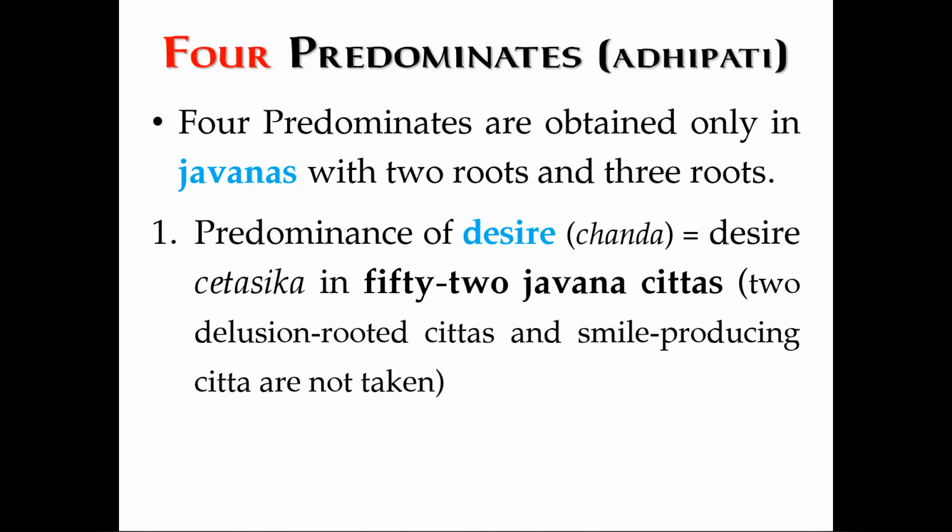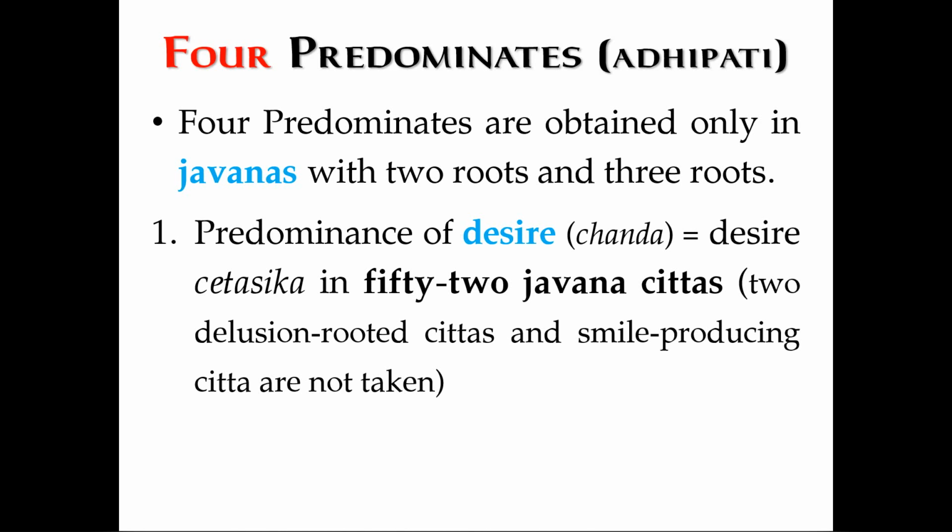And the smile-producing cheta is no-root. So they are very weak. For that reason, under the predominance of desire, we have to exclude the two delusion-rooted chetas and the smile-producing cheta.